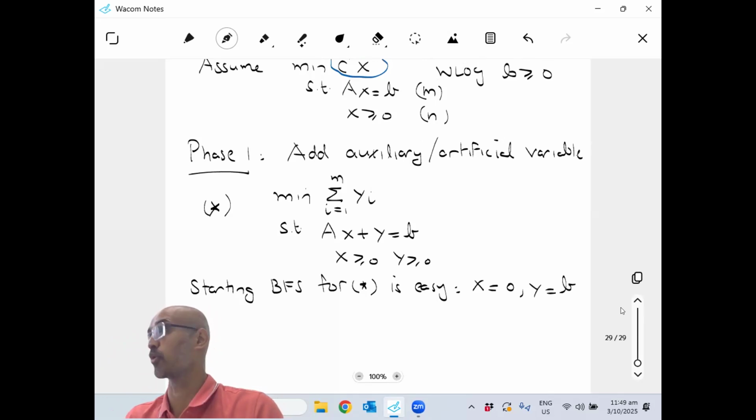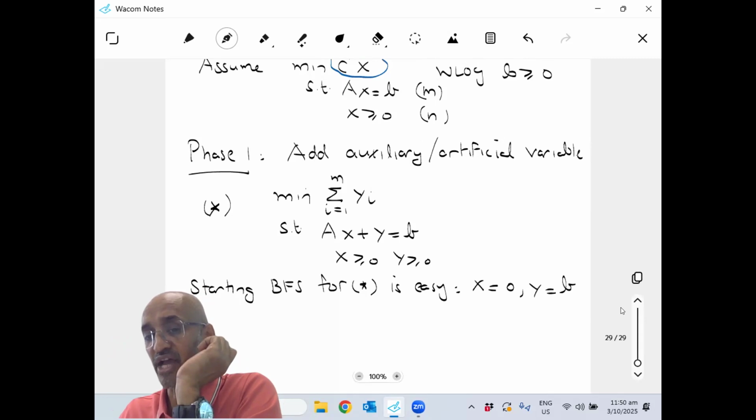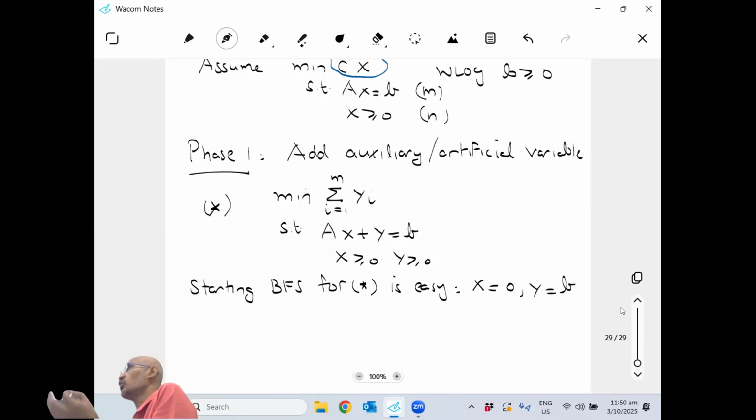Suppose my original LP was feasible. That means there is some x with Ax equal to b, where x is non-negative. Because my y variables are non-negative, all my y_i values should go to 0. My optimal value has to be 0. Okay.